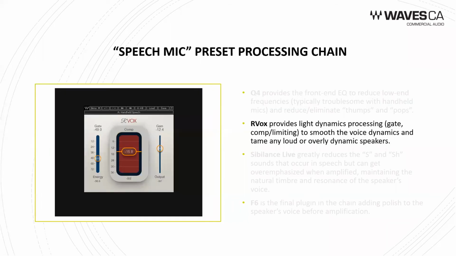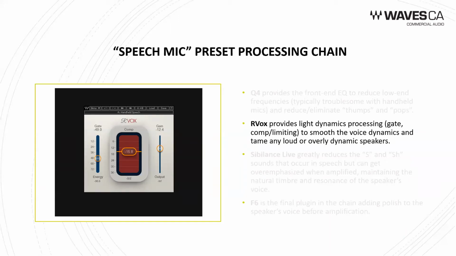The second plugin in the speech mic preset is the Renaissance Vox plugin. This is a very easy plugin to use, but it provides a lot of capability, and it's specifically selected here to do some very light dynamic processing with some compression and limiting, and it effectively smooths out the vocal dynamics.